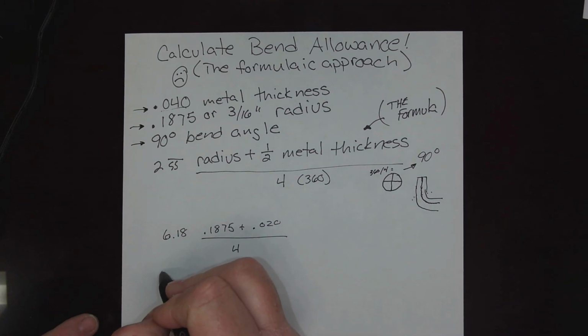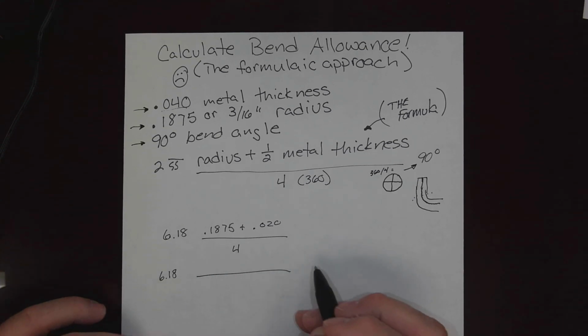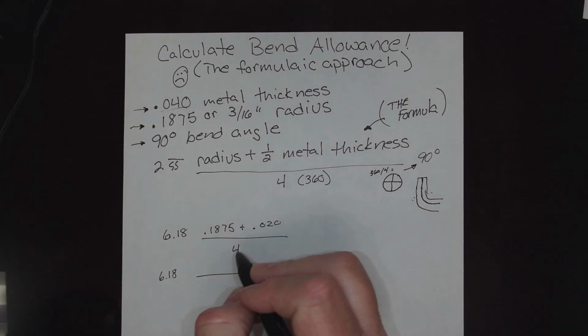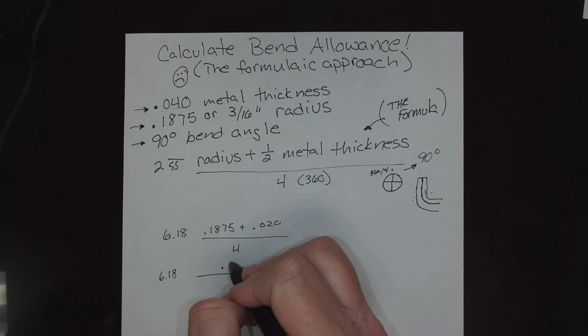So if we drop down and start cleaning this thing up, let's see, 0.1875, you do the math, stop as you need to, plus 0.020. Well, that equals 0.2075.